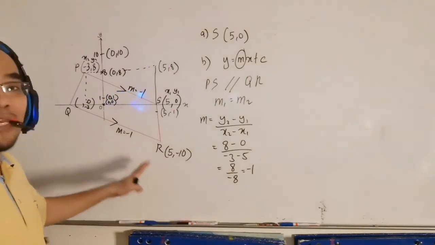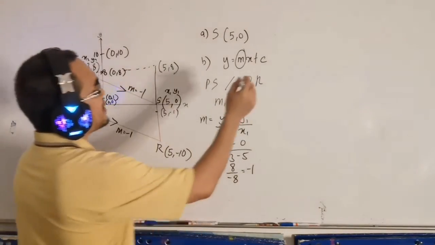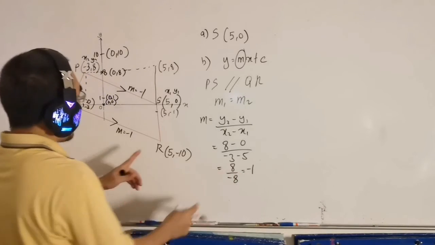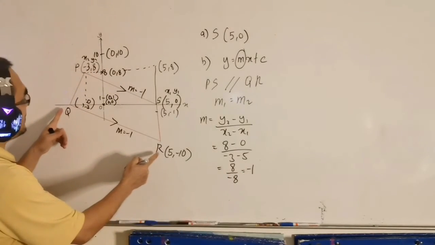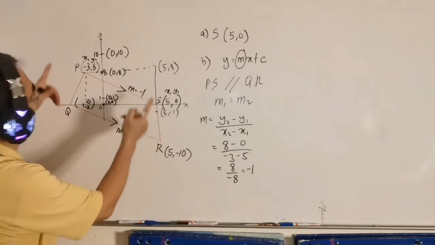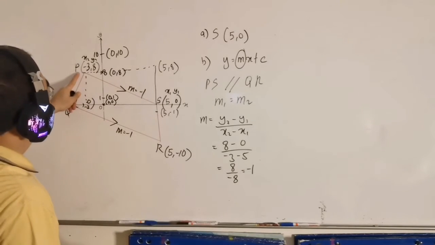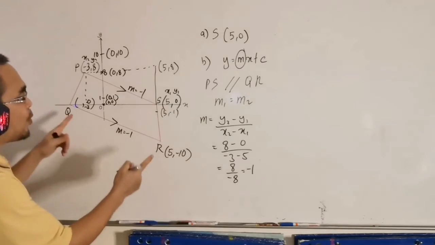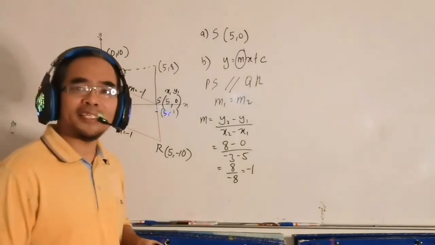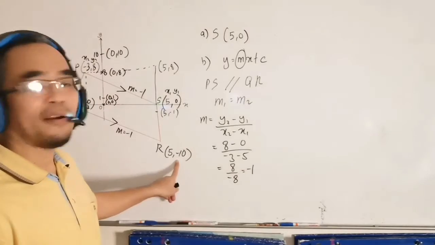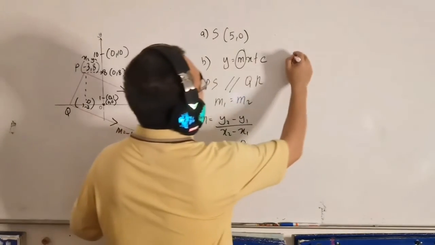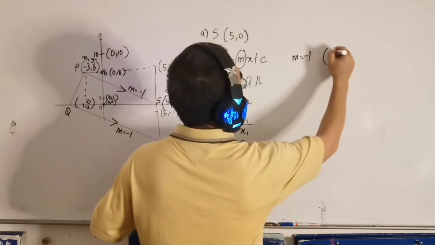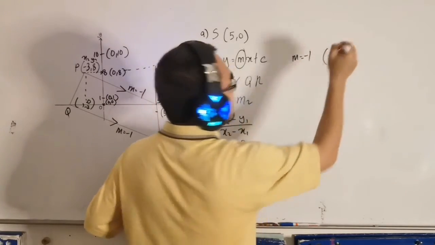So we have to find the c. How to find c? We substitute the gradient and a coordinate on the line QR. We cannot substitute with either P or S. We have to substitute either Q or R. Unfortunately, in this case, only R is available. So m is negative 1 and the coordinate will be (5, -10).